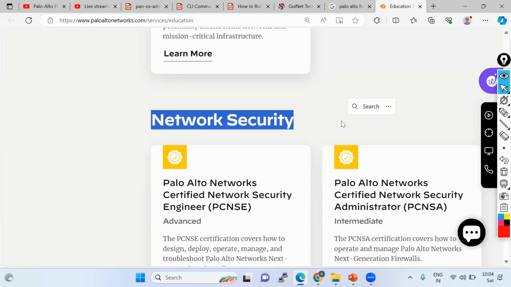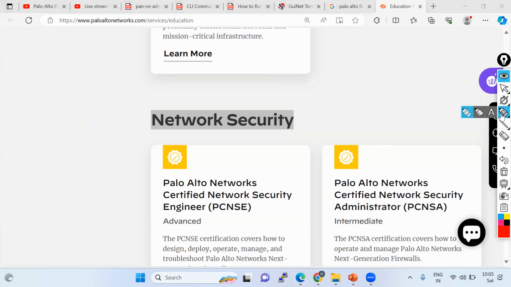We have to understand what my network security is, what my cyber security is, and what my cloud security is. Unless we understand all of this, we probably don't have a clear picture of why we should do this firewall training. So let me start with the current job market scenario.